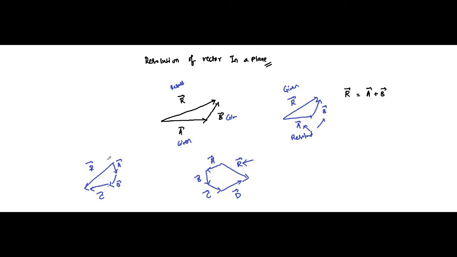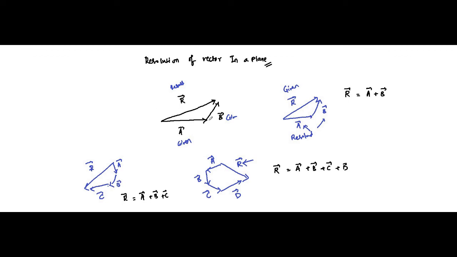Here the single vector R is split into three vectors, A vector plus B vector plus C vector. Here it is split into four, A vector plus B vector plus C vector plus D vector. But here we did the opposite.